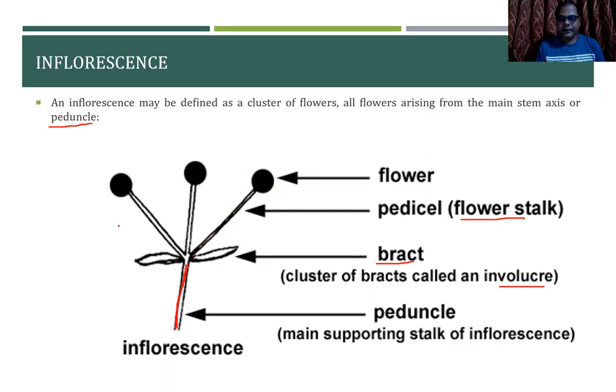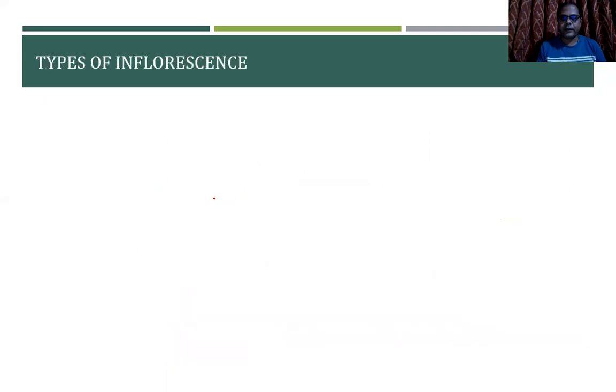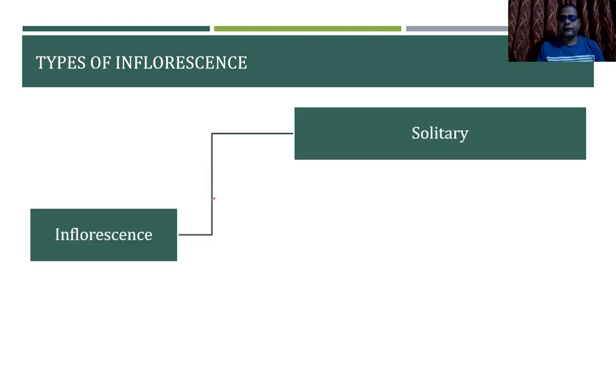Now, on the basis of different arrangement of the flowers on the peduncle, we have different types of inflorescence. Let's discuss the different types of inflorescence. Firstly, the basic one is the solitary. When we talk about solitary inflorescence, we talked during the definition that there will be a cluster of flowers on the peduncle, but in case of solitary flowers, there is only one flower.